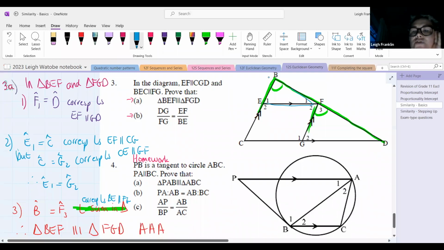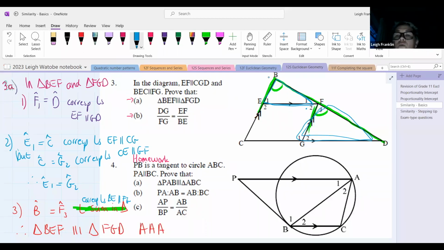Remember, we're working in this triangle over here and this triangle over here. So saying that angle F2 is equal to G2 doesn't help us unless you can say that F2 is equal to something in this triangle over here. If you had then said that angle F2 over here is equal to angle E1 because of alternate angles, that's okay. You could do that.